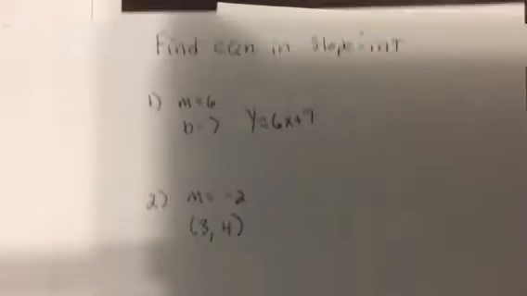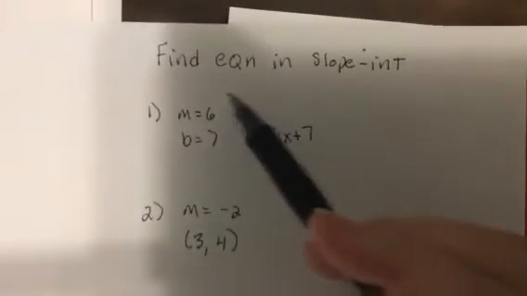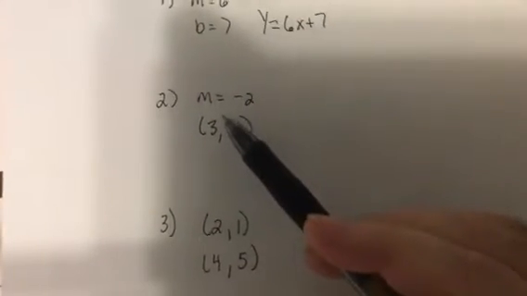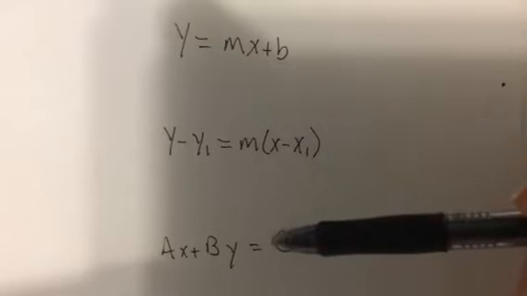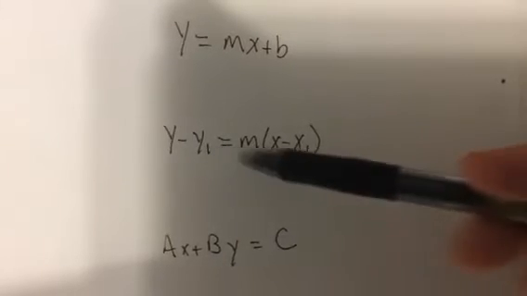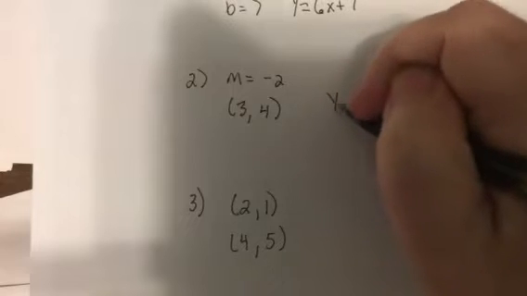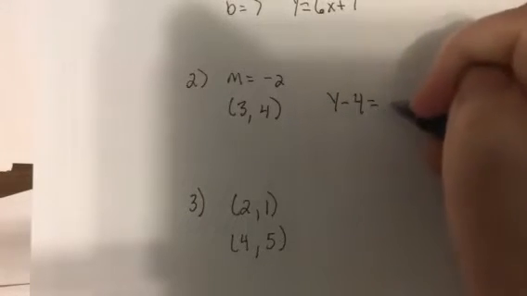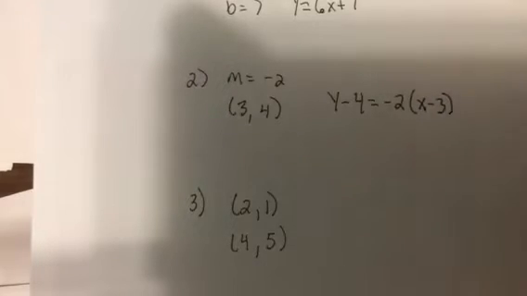Now this one says find the equation in slope-intercept, and we're given a slope and a point. Which equation deals with slope and point? Point-slope. So we're just going to plug it in. y minus 4 equals negative 2 times x minus 3.